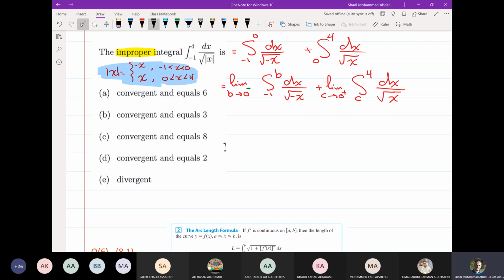If I use substitution here, guys, the first one, you suppose that u equals minus x, so du will be minus dx. So it will be minus the limit as b goes to 0 from the left of 1 over u to the power half, which is u to the power minus half. When you find its integral, u to the power minus half, it will be u to the power half over half.